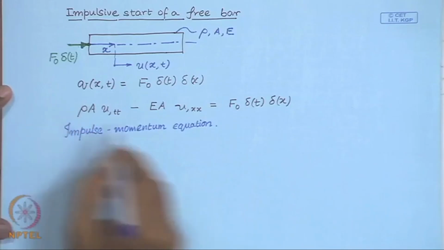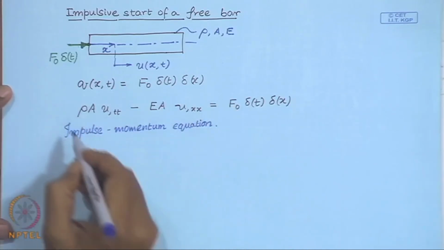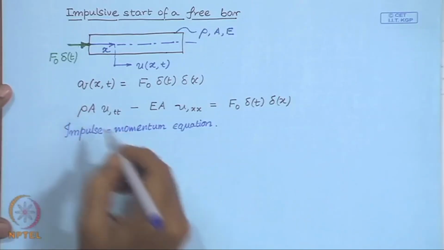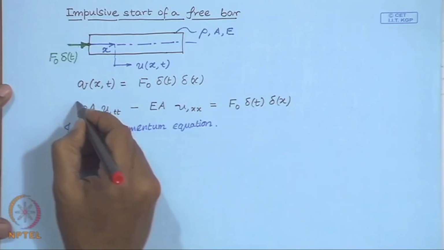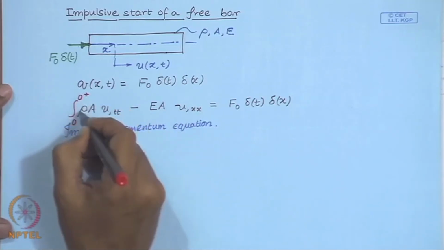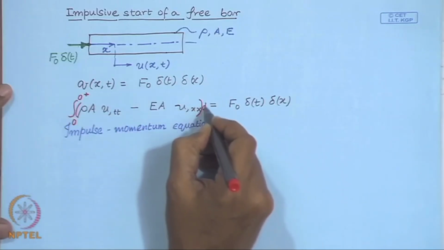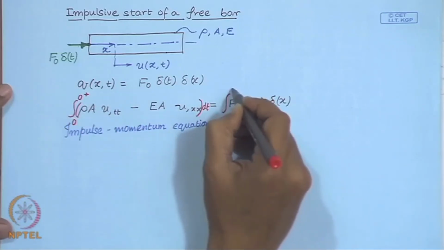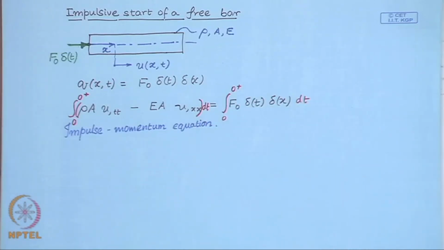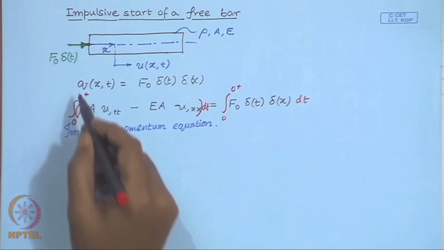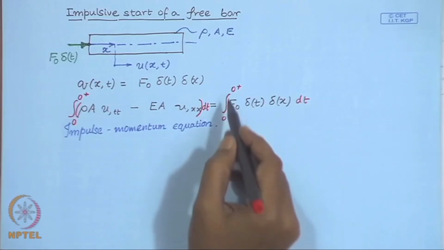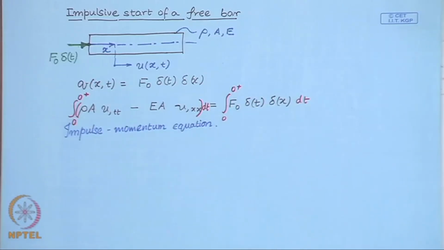This is obtained by integrating the equation of motion over a very small time interval, 0 to 0 plus, that is, a time just after the impulse has been applied.